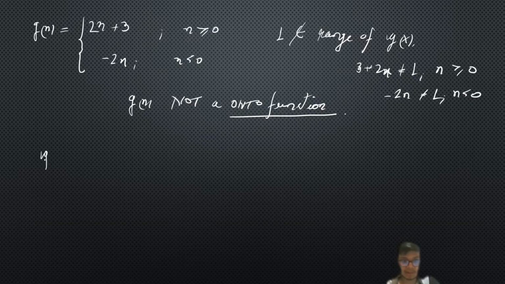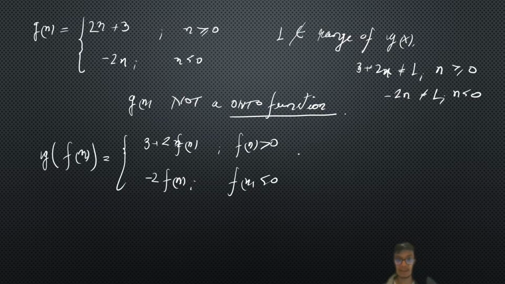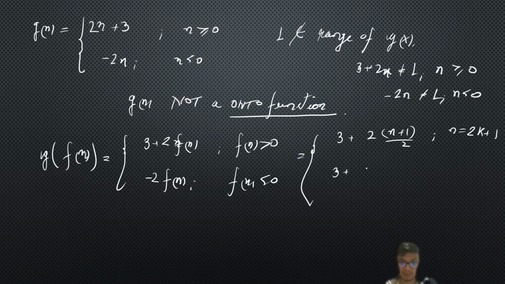So if I try to find out g of f of n, it is going to come out as 3 plus 2 times f of n for f of n positive, and minus of f of n for f of n negative. And if I do that, it is going to be 3 plus 2 times (n plus 1)/2 for n equal to 2k plus 1, and 3 plus 2 times (4 minus n)/2 for n equal to 2k.